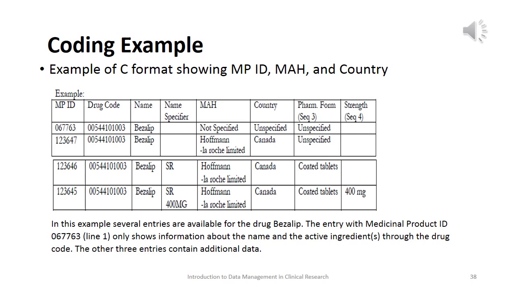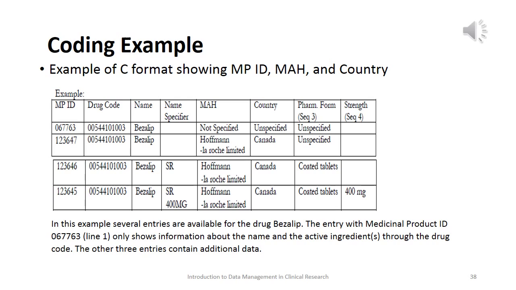So this table shows an example of a C format with the medicinal product ID in the first column, and then I'll also include the marketing authorization holder and the country that it's authorized for marketing use in. If you look down at the bottom, in this example, several of the entries are available for the drug Bezalip.